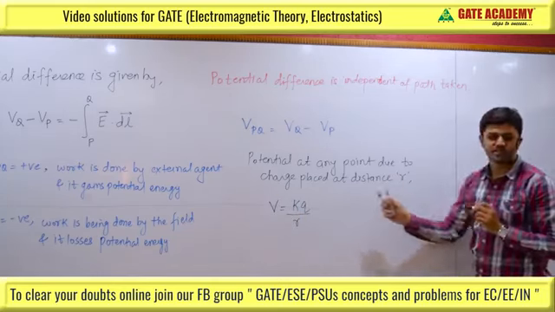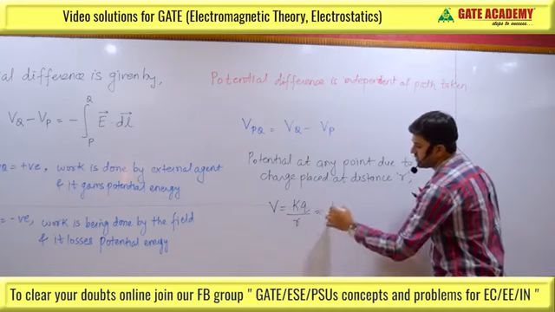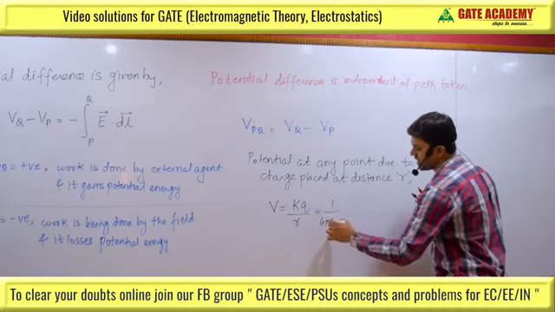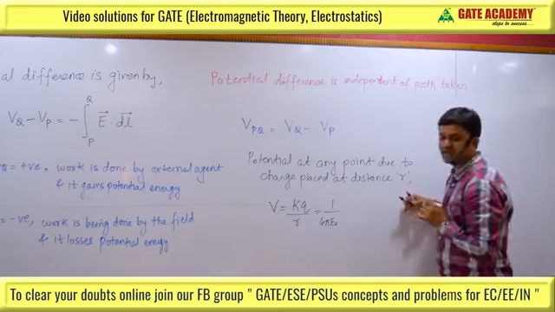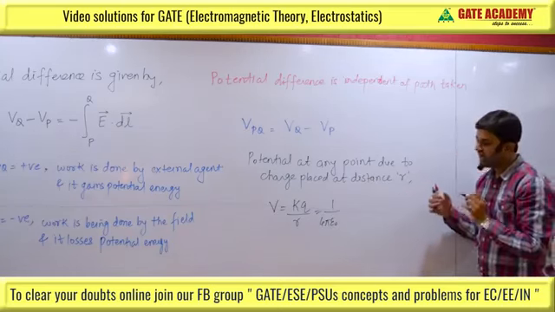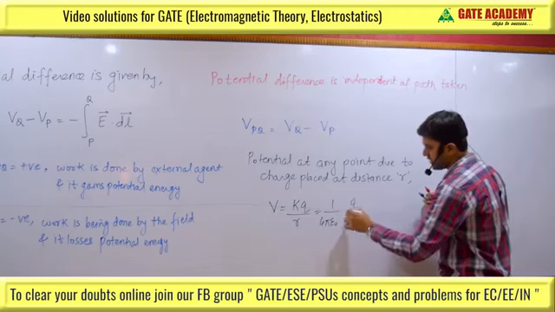The charge here is q and r is the distance, and k equals 1 upon 4 pi epsilon naught for air, and if it is not air, then epsilon naught into epsilon r, q by r.